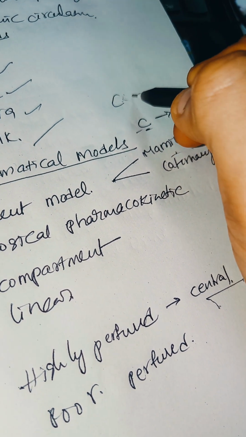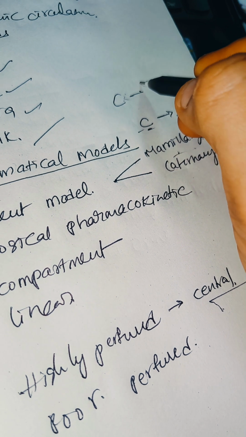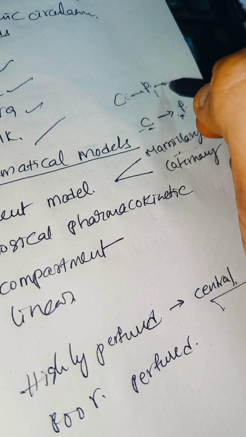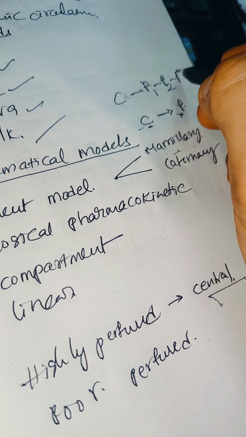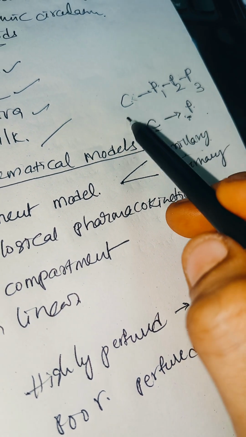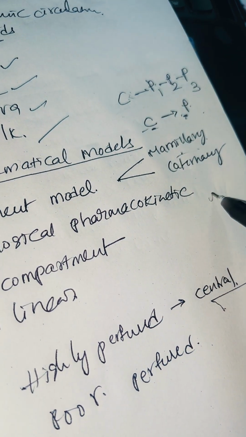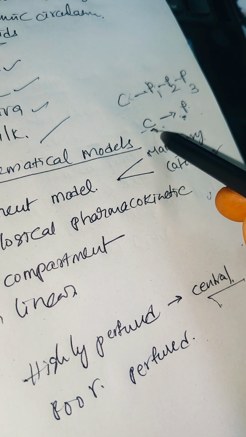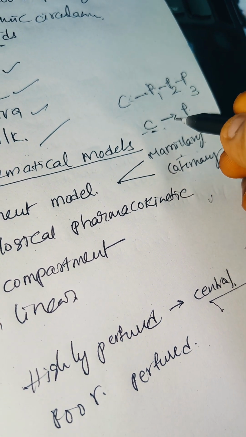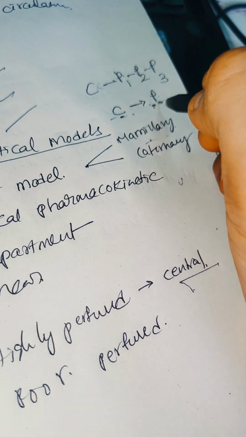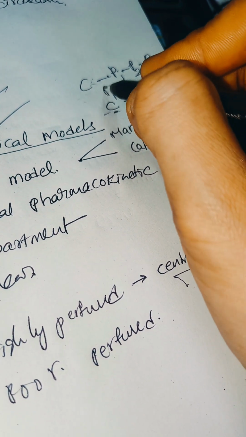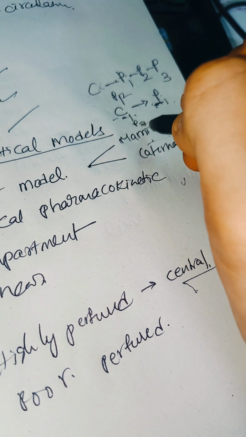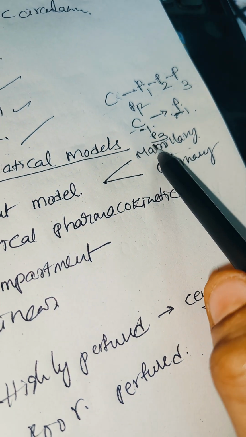Apart from this, when the central compartment is connected to the peripheral compartments like train bogies, this type is called the catenary model. So here peripheral compartments P1, P2, P3 are all connected to the central compartment, which is the mammillary model.